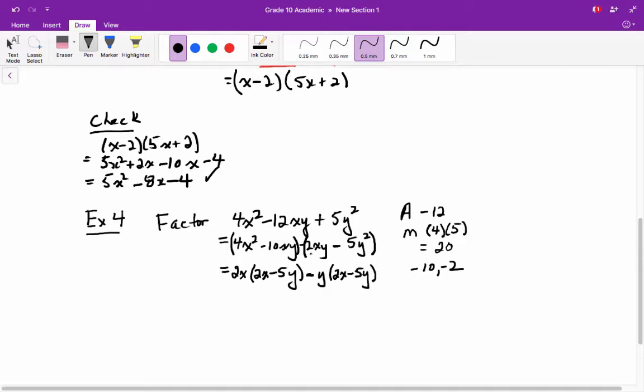If you've done everything right, if you've changed the signs because of the preceding negative, these brackets should be the same. So 2x minus 5y is common, bring it out, put a bracket around it, and then you are left with 2x minus y.